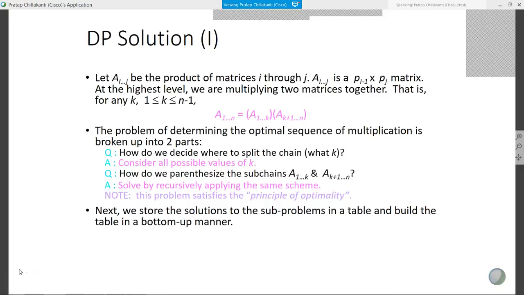Now, typically what we do is use this concept called memoization, meaning you store the solutions to the subproblems in a table or an array. Basically, a table is nothing but a two-dimensional array. Then recursively, when you're solving problems, you don't need to re-solve problems that have already been solved. You have the value in the table, and you use it. Remember the factorial example?